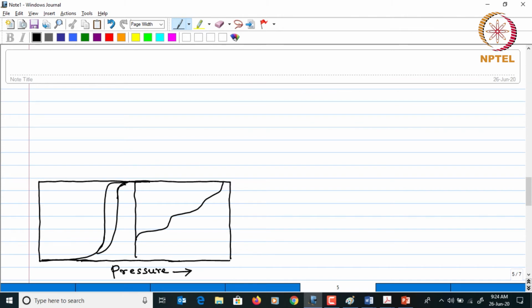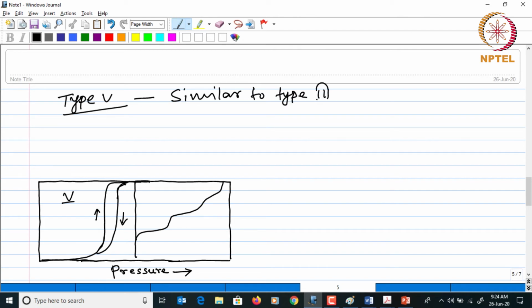Then we have type 5, which is here. This is similar to type 3, but with hysteresis, as you could see.